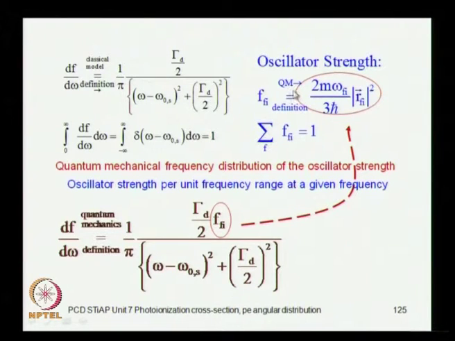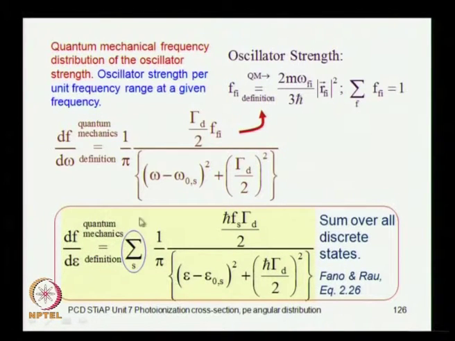So, these two relations are combined and you get the quantum mechanical description of the oscillator strength, which is the oscillator strength per unit frequency. This is the frequency distribution of the oscillator strength, and this is for a single transition, but then you need to sum over all the transitions. So, there is a summation over all possible discrete states which you incorporate, and you will find an extensive discussion on this in Fano and Rao's book.